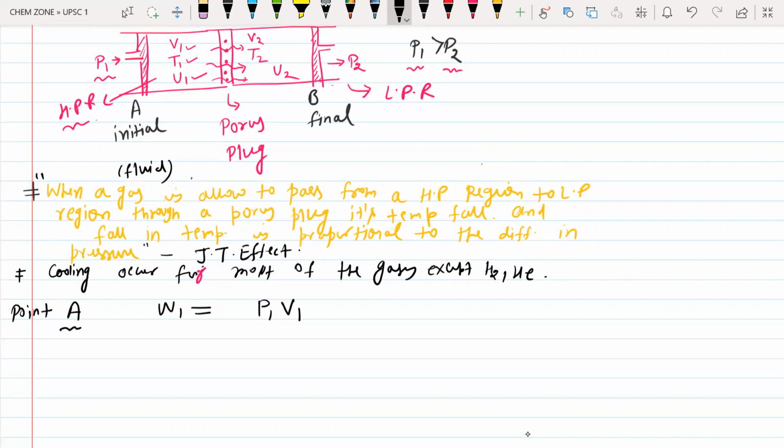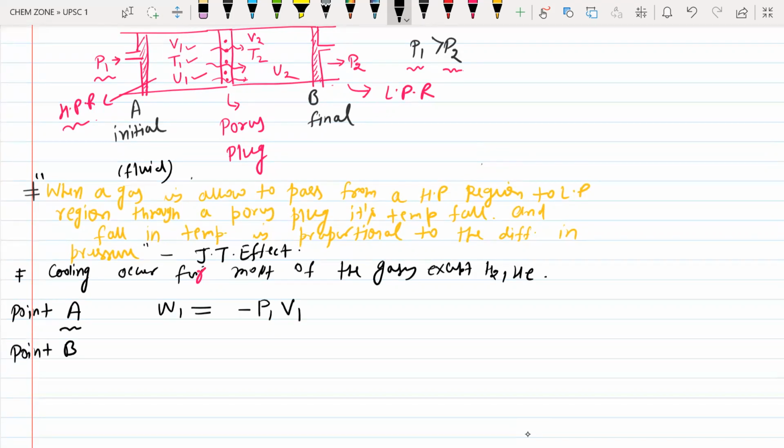That work will be P1 V1, because the volume changes by V1 and pressure applied on the system is P1. We know that in chemistry, work done by the system is taken with a negative sign. So we can say that W1 will be minus P1 V1.